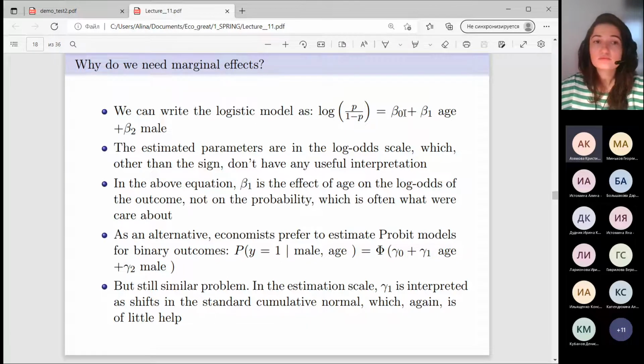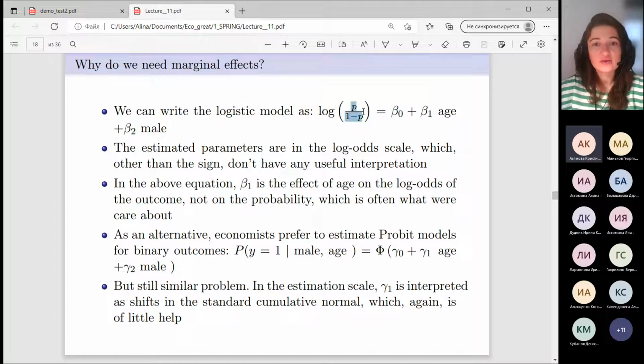So when you estimate the coefficients from this regression, they are on the log odds scale.